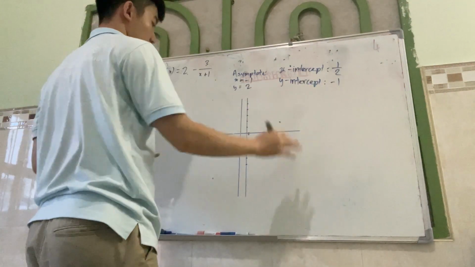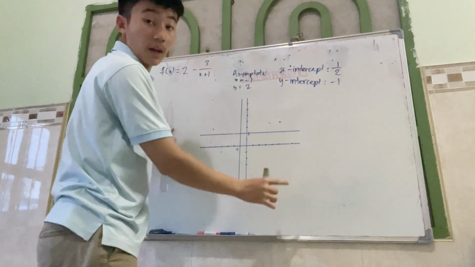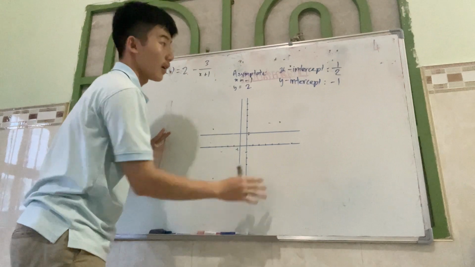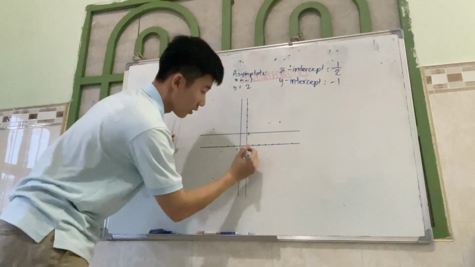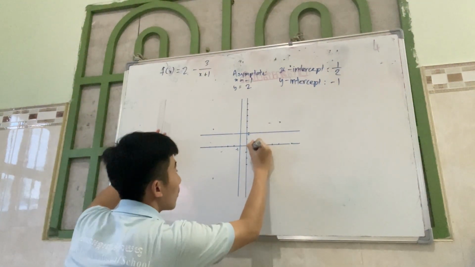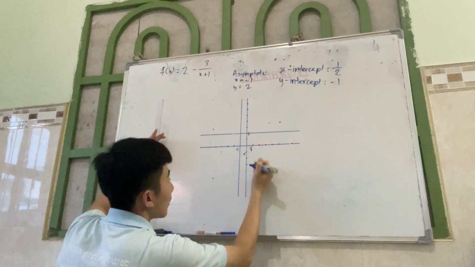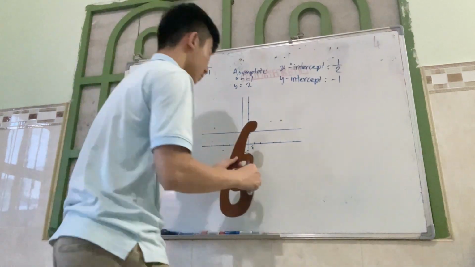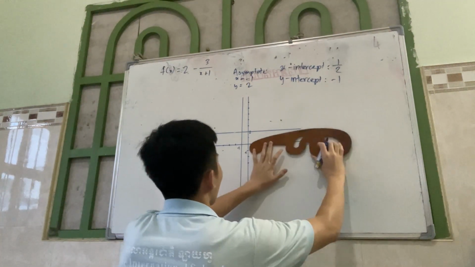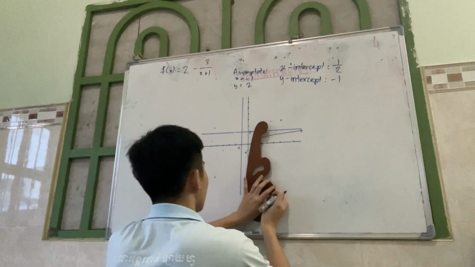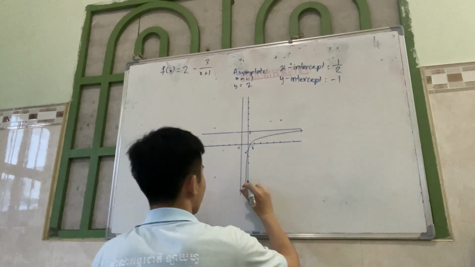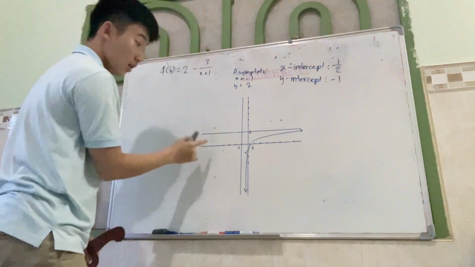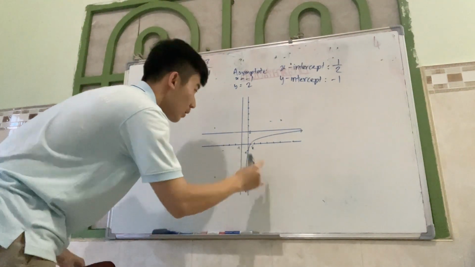So we will mark them here: 1 over 2 is here, and negative 1 is here. So we will draw the graph by touching 1 over 2 and negative 1. Okay, so this is our graph, and we will reflect it on the other side.